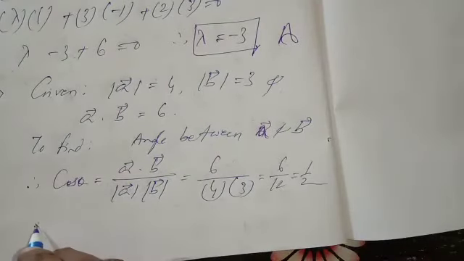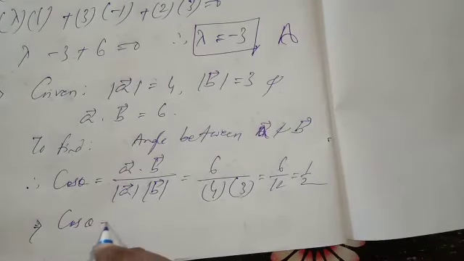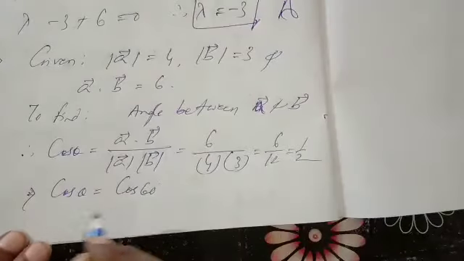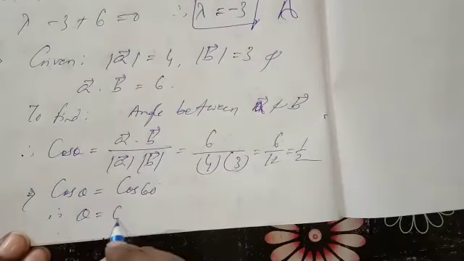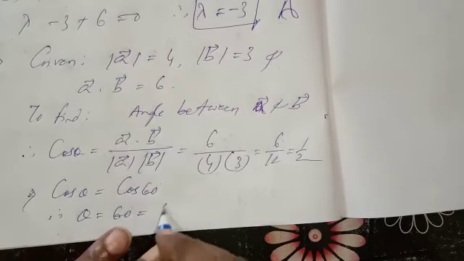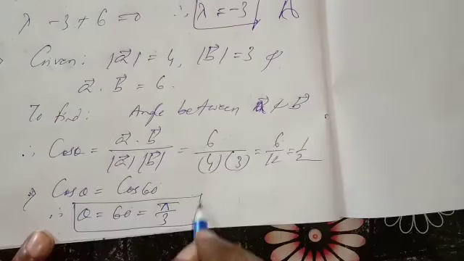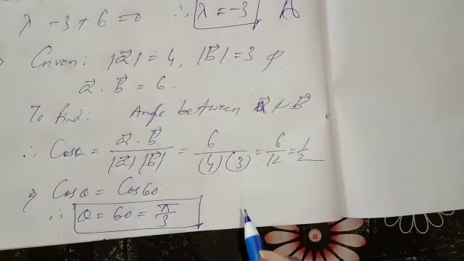So this implies cos θ is equal to 1 by 2. Cos 60 is 1 by 2. Comparing both sides, θ is equal to 60 degrees. 60 degrees means π by 3. So what is the angle? π by 3 radian or 60 degrees. The angle between the two vectors A and B is π by 3 or 60 degrees.